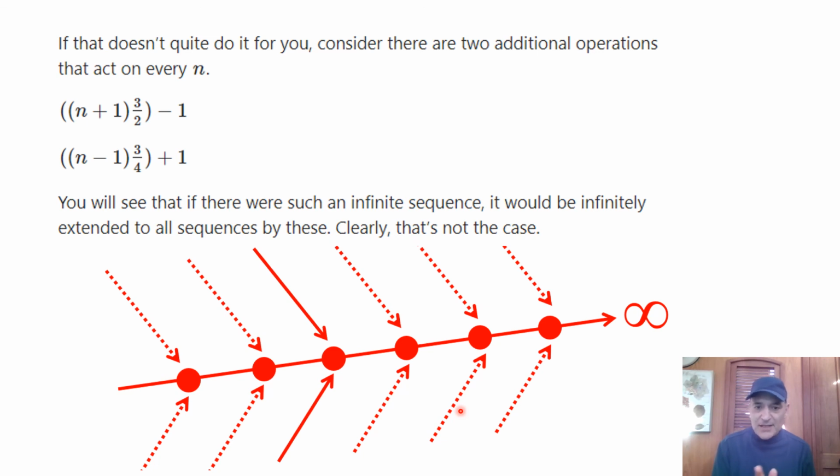So I'm showing schematically that if there were a sequence going to infinity, what would happen to the convergence, which is just arithmetically determined by these two operations? It's impossible to see how this infinite sequence could exist unless it was propagated to all the other sequences. All the other sequences would necessarily have to be infinite if they have an intersection with this sequence. So that's the logical absurdity of it.